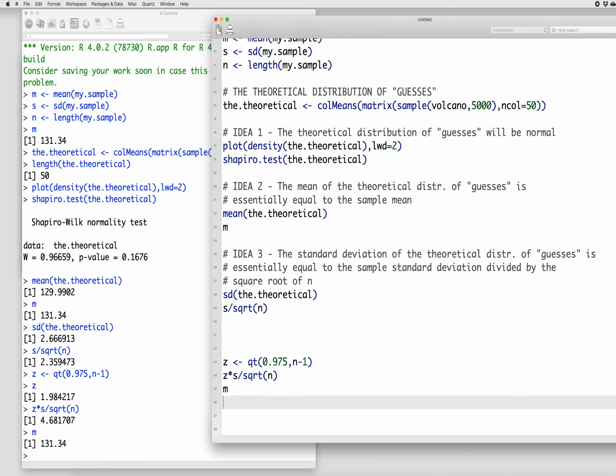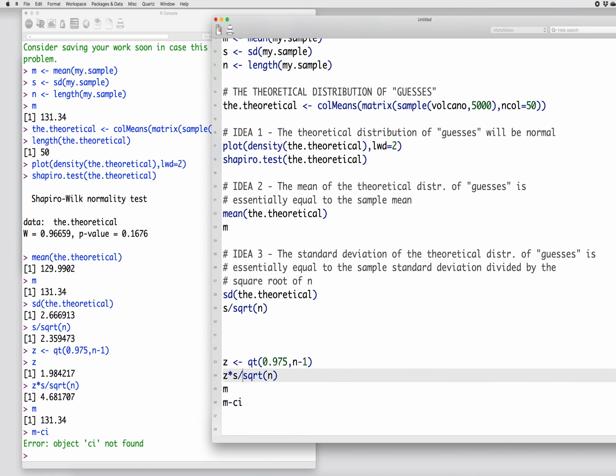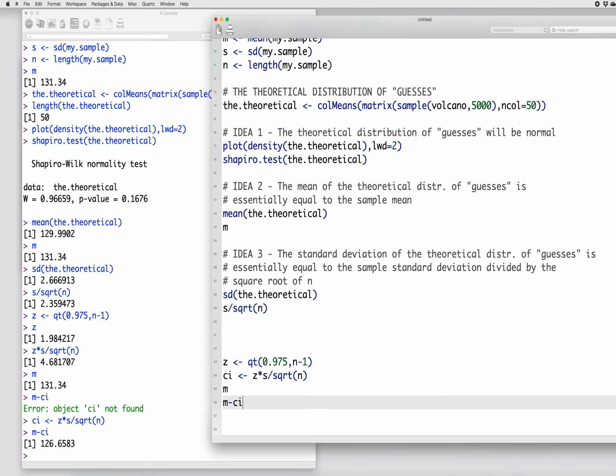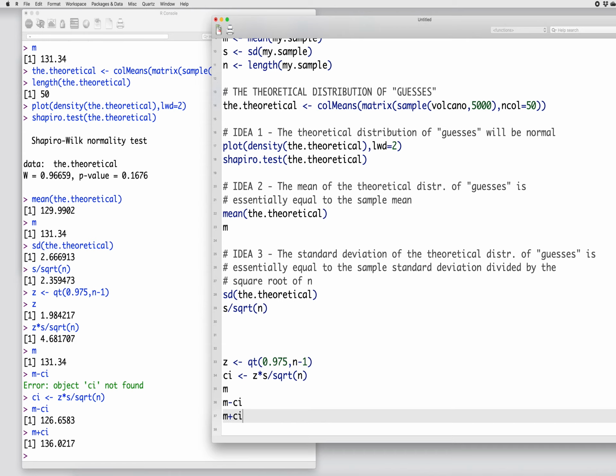In other words, we're 95% confident that the total population mean of elevation is not less than, let me say this as a confidence interval, is not less than 127, and it is not greater than 136. So our sample mean elevation was 131.